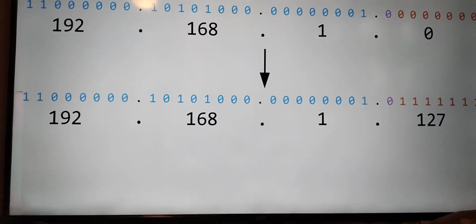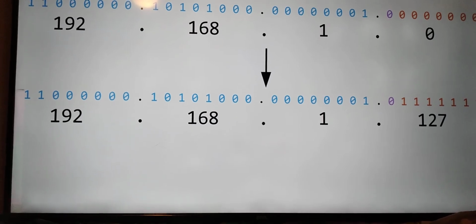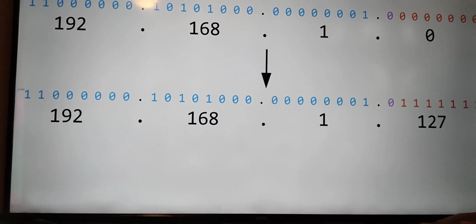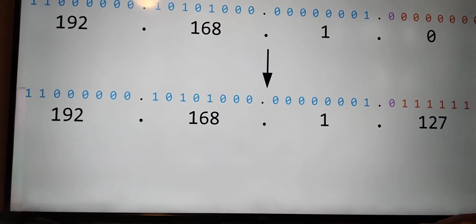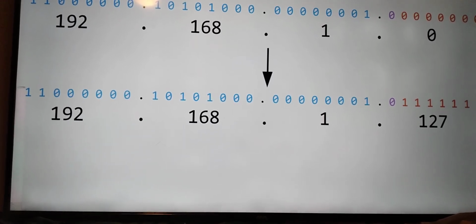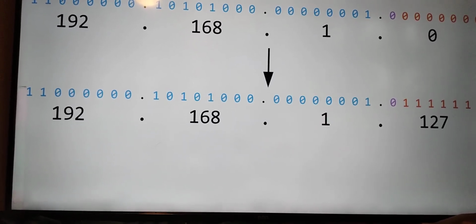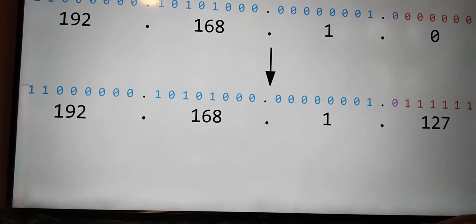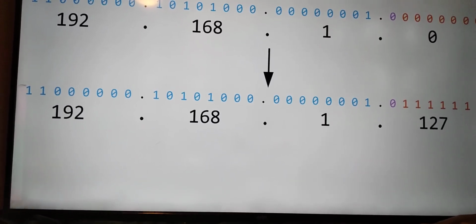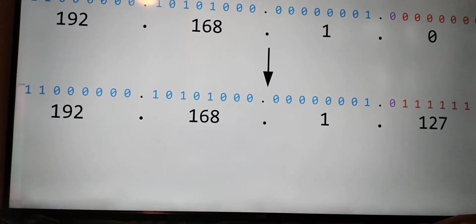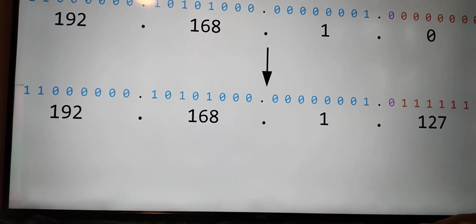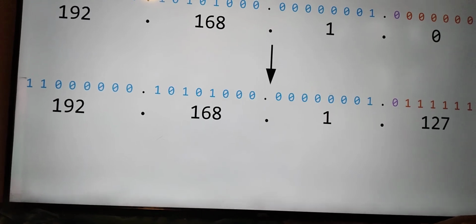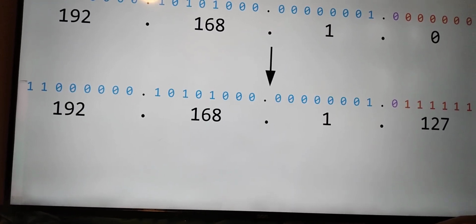And we require 110, so /25 is the correct prefix length. This means that the network address is 192.168.1.0/25. We convert all host bits to 1, and this is the broadcast address, 192.168.1.127.